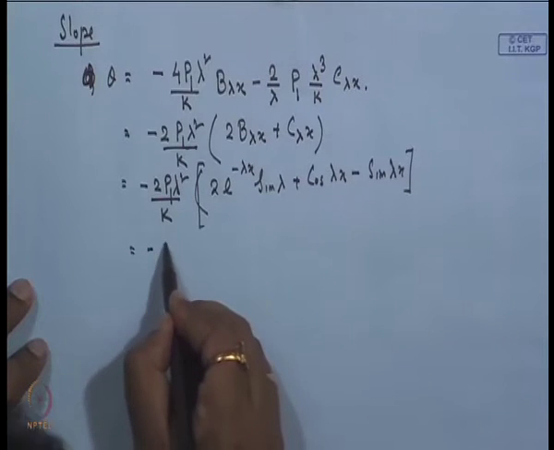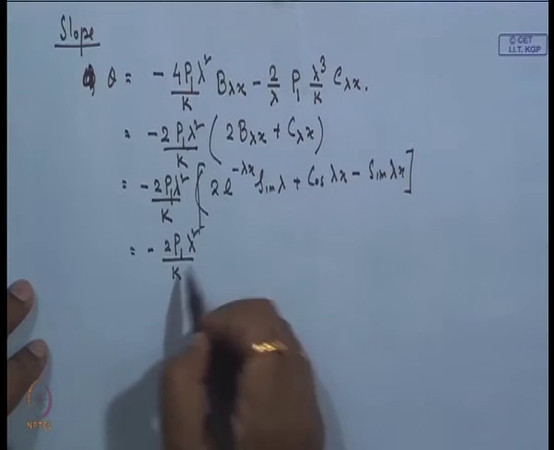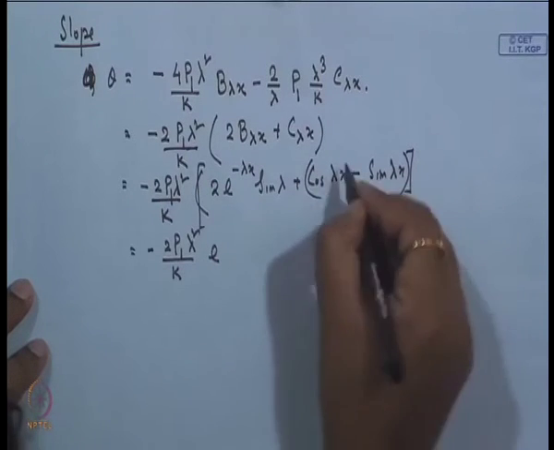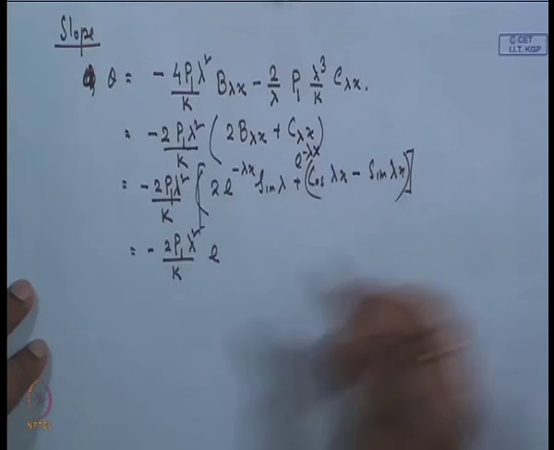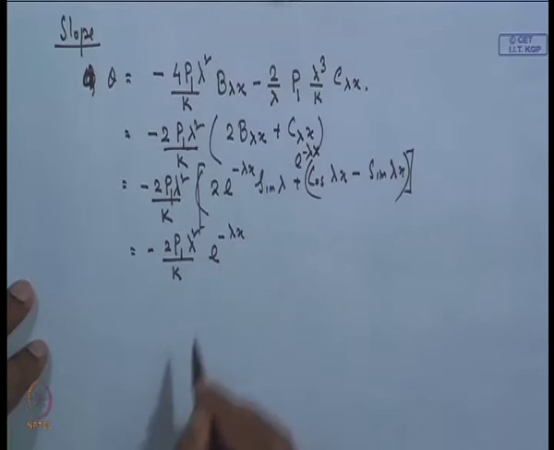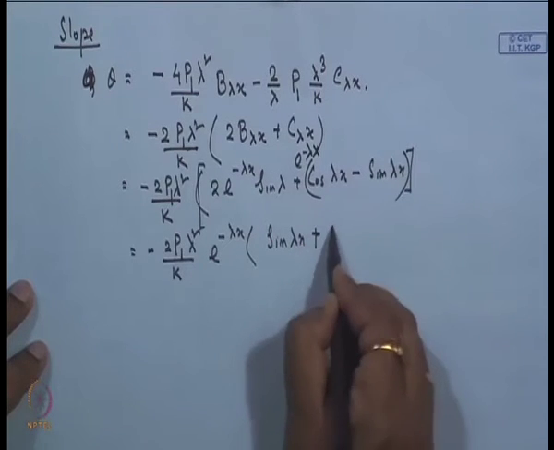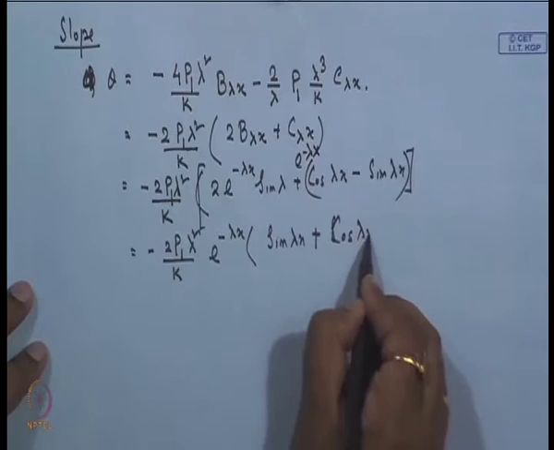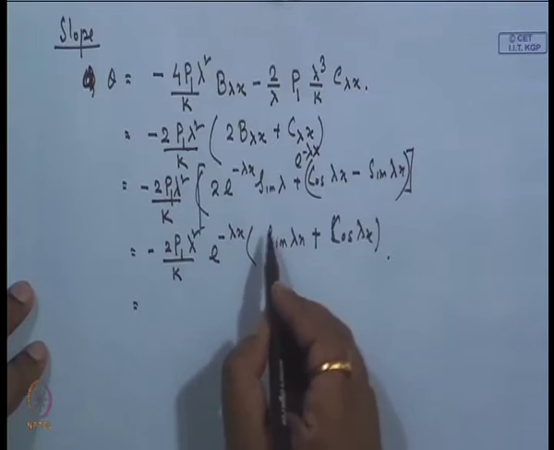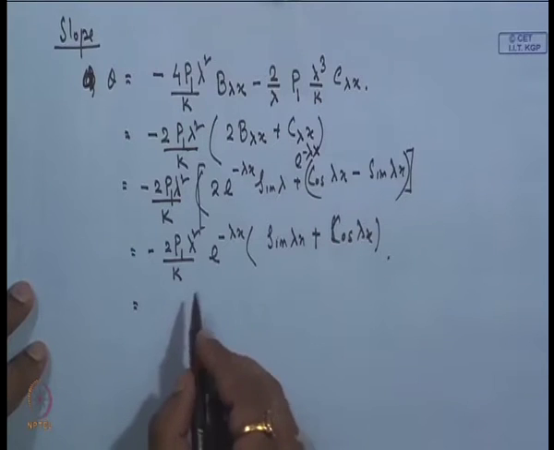So, this will be minus 2 P 1 lambda square by k into e to the power minus lambda x into sin lambda x plus cos lambda x, that is equal to A lambda x.